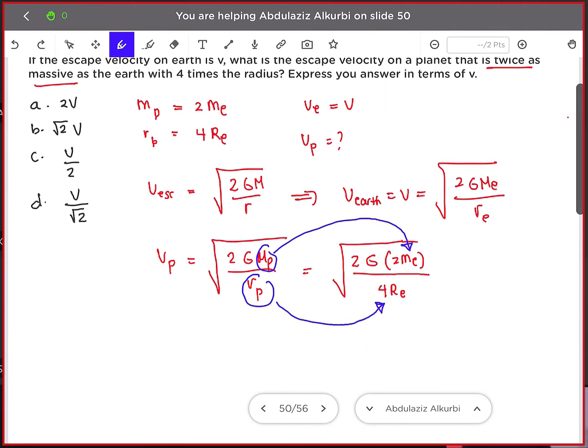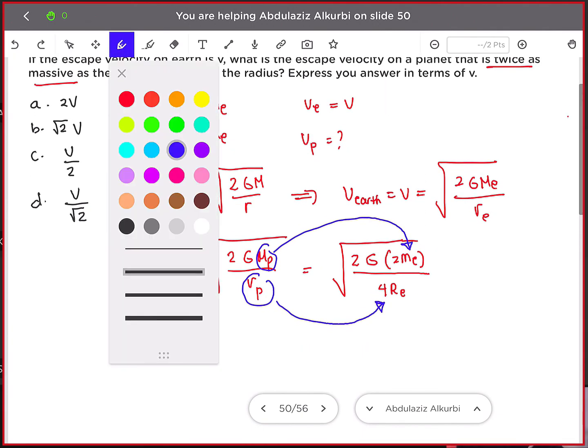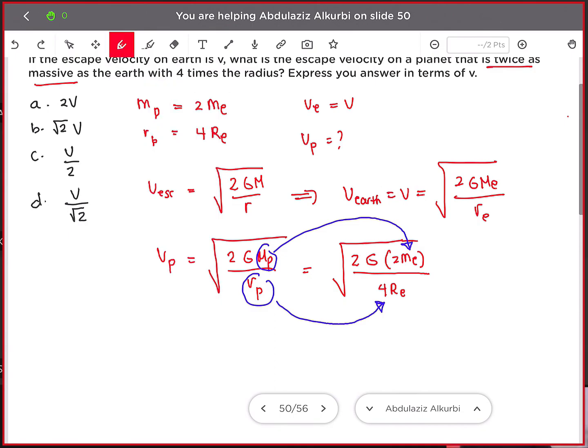I will simplify this further in such a manner that I will be able to isolate the factor by which the escape velocity of the Earth changes.